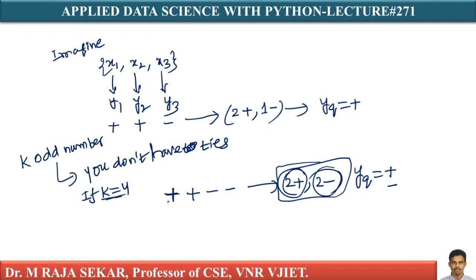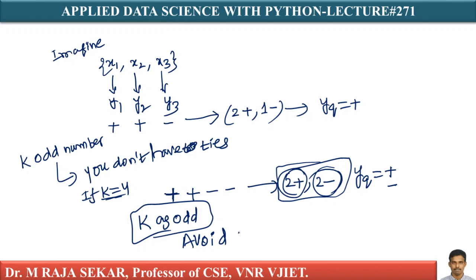So it is always good to take K as an odd number instead of an even number. Avoid even numbers. What's the reason? If you take even numbers, you may end up with ties, isn't it?